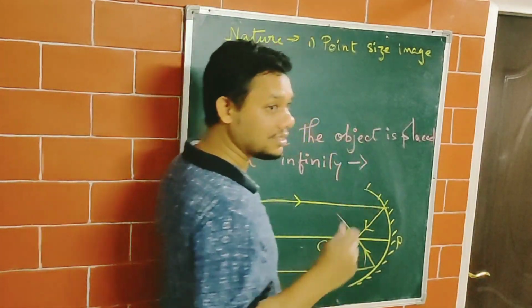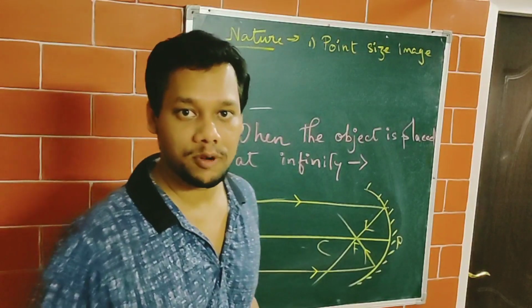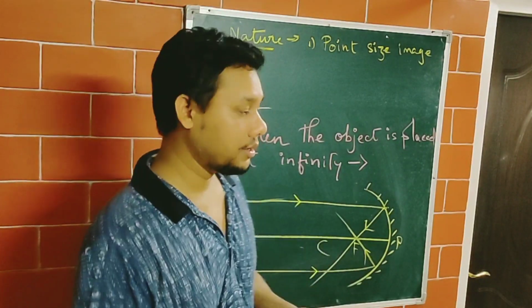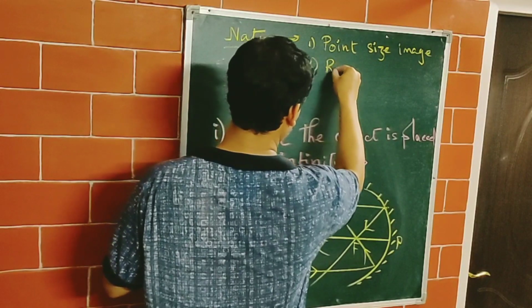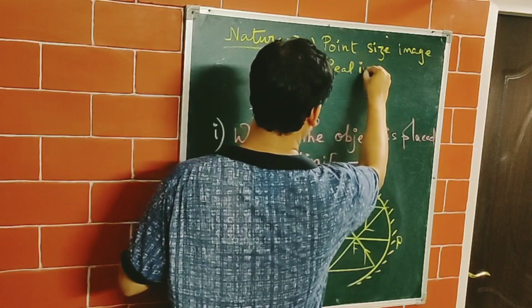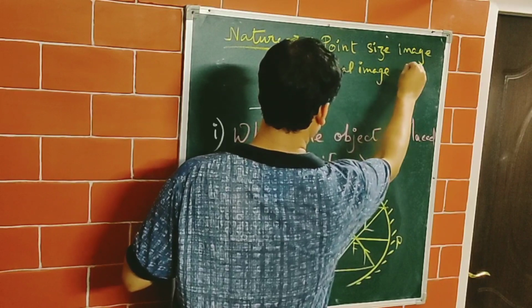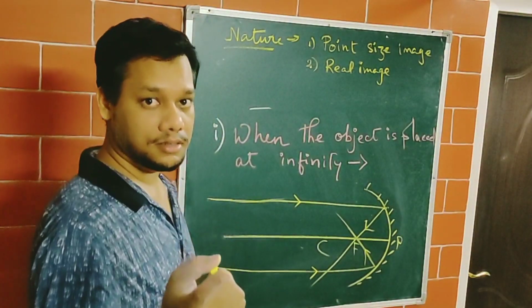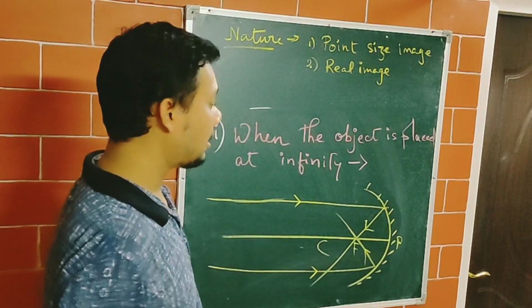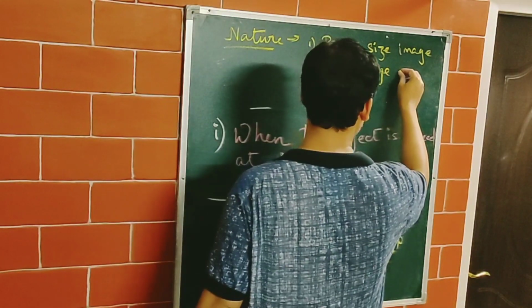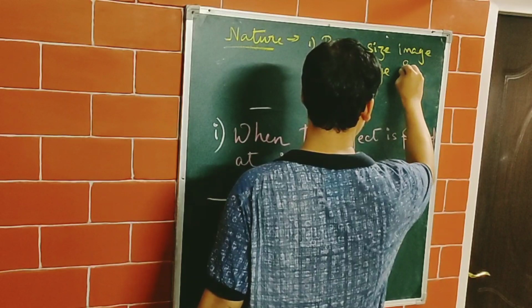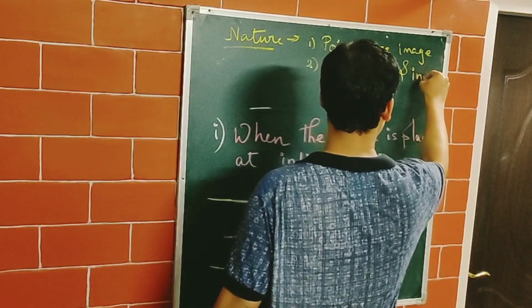Virtual images cannot be formed on a screen. Second point is real image. And real images are generally inverted. So I will write real and inverted.